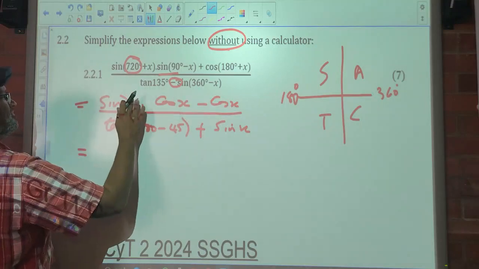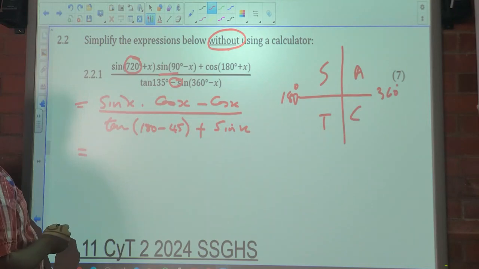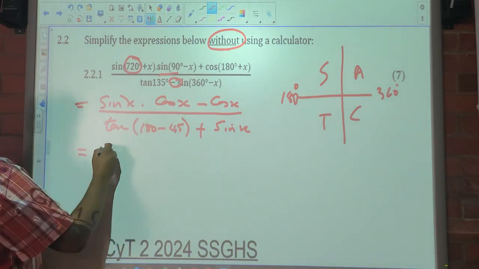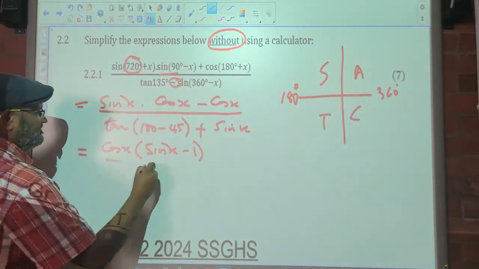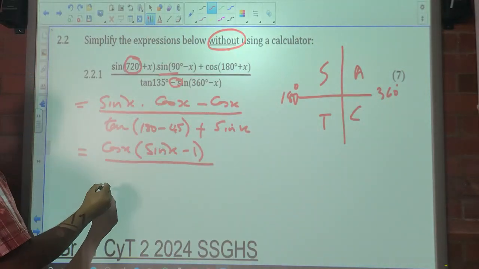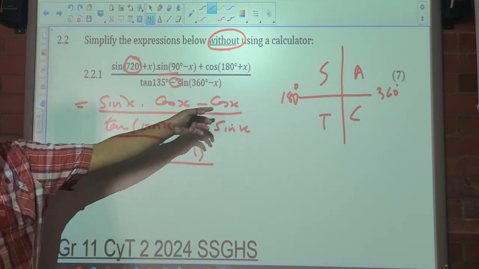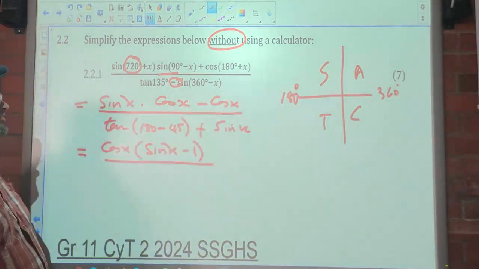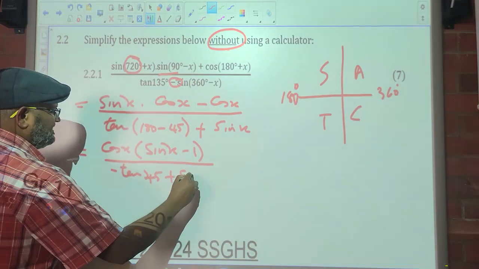So as you can see on top, nothing can happen. Some of you might cancel the signs here. Go on. Take out the common factor of cos x. So I'm left with sine x minus 1 over tan of 180 minus, which quadrant is this in? 180 minus second quadrant. Is tan positive or negative? Negative tan of x. Now 45, sorry, plus sine x.